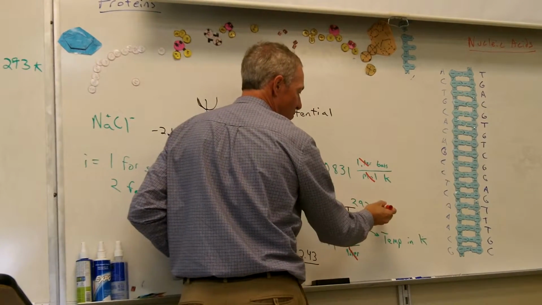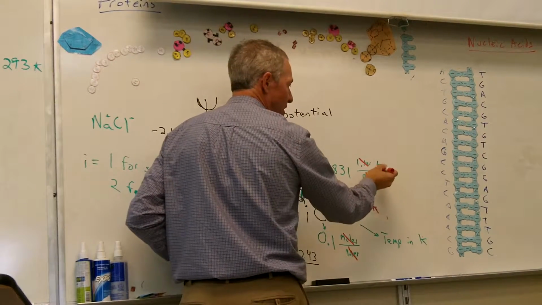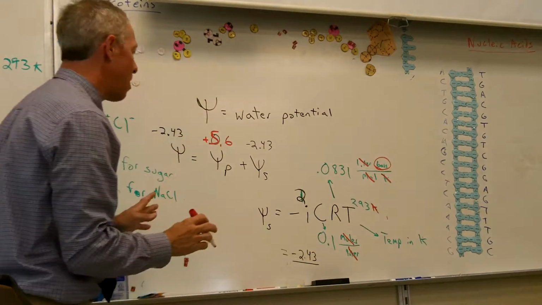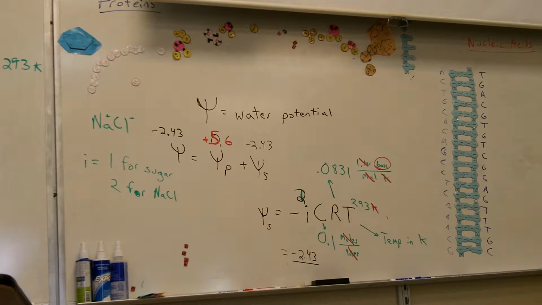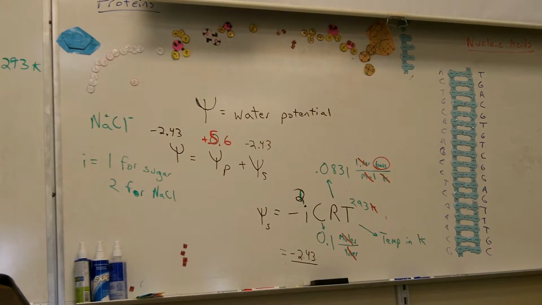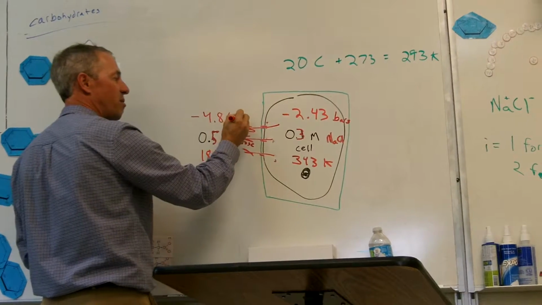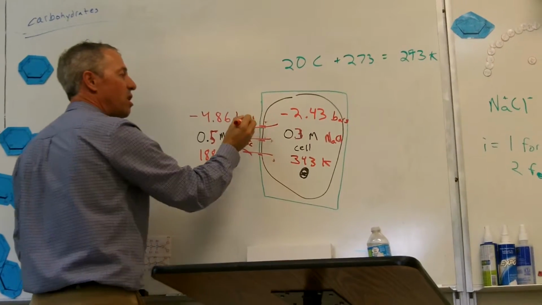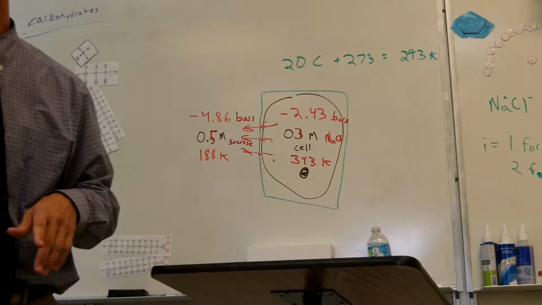The temperature is Kelvin, so Kelvin cancels with the Kelvin on the bottom, and you're left with bars. Bars is the unit of potential. The unit of water potential is in bars. So this one in here is going to be negative 2.43 bars, and this one out here is going to be negative 4.86 bars. You want to include the bars in your calculations.